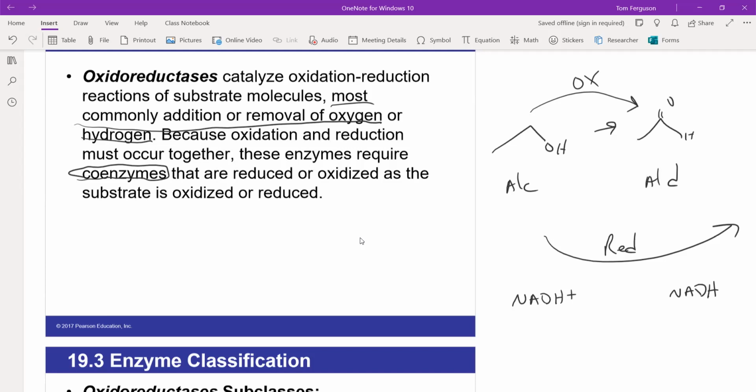So what happens when that's a D also. When NAD+ goes to NADH, what happens is we gain a hydrogen. Up here, we lost the hydrogen. So what we do on one, we do the opposite on the other.